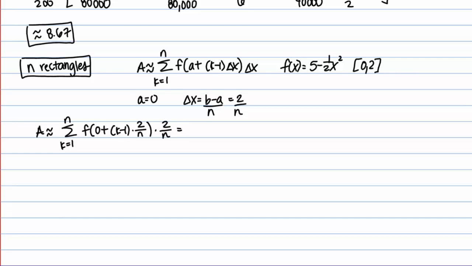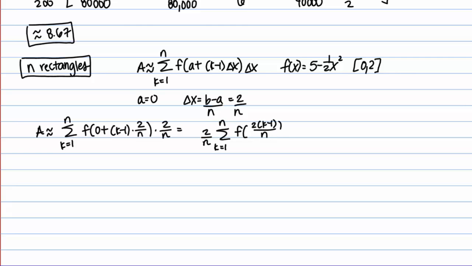Now notice that I'm summing over k, right? K is my index of summation. So 2 over n is actually a constant because it doesn't contain a k. So I can pull it out front of the sum. And I have f of 2 times k minus 1 over n.